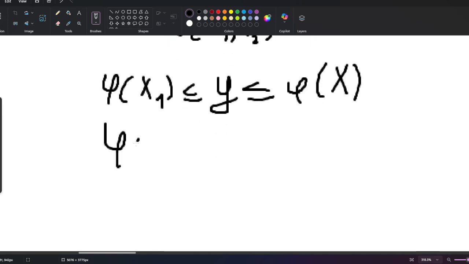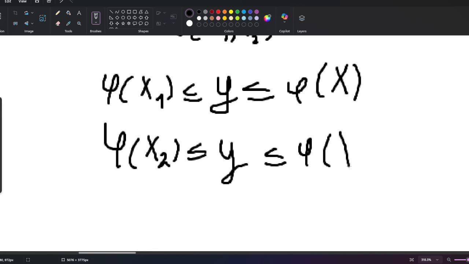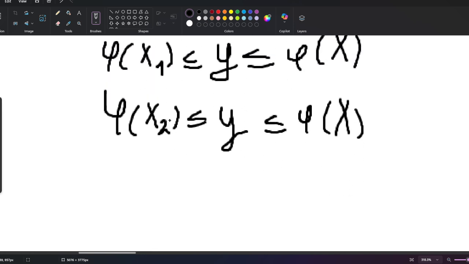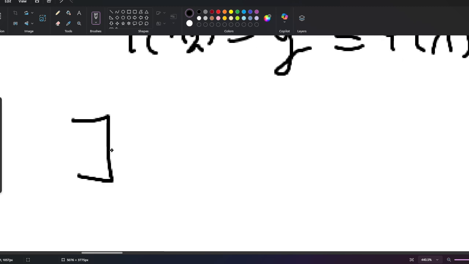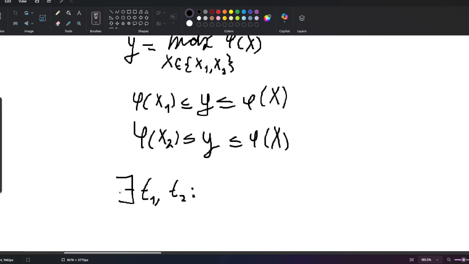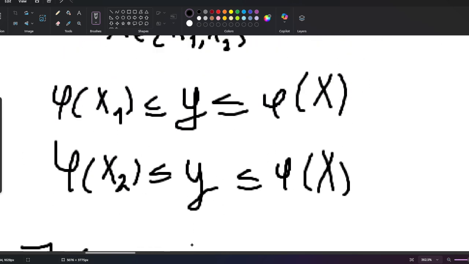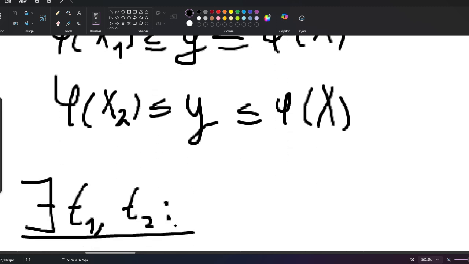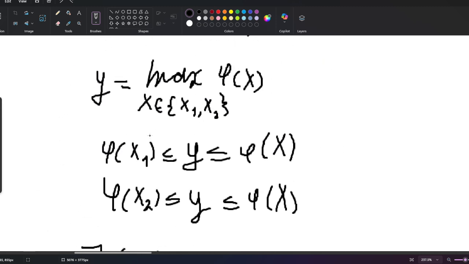Here we can also introduce x2 like this. Notice that phi is a continuous function.